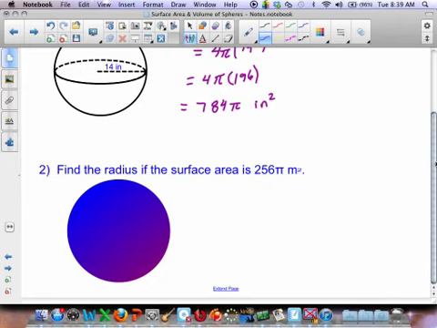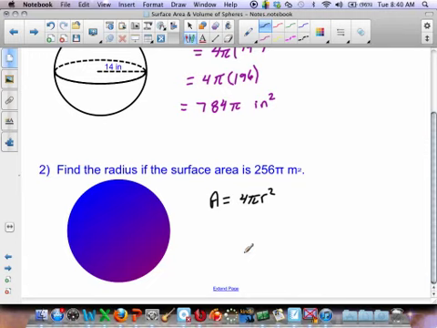So let's call the surface area A. And we know that A is 4 pi r squared. What variable are you asked to solve for on number 2? You've got to solve for r. Okay, guys, this is an Algebra 1 problem. Start solving for r. What do you do first? What do we have to get rid of first?